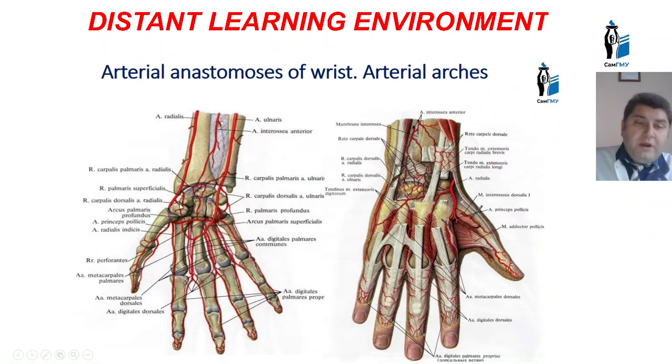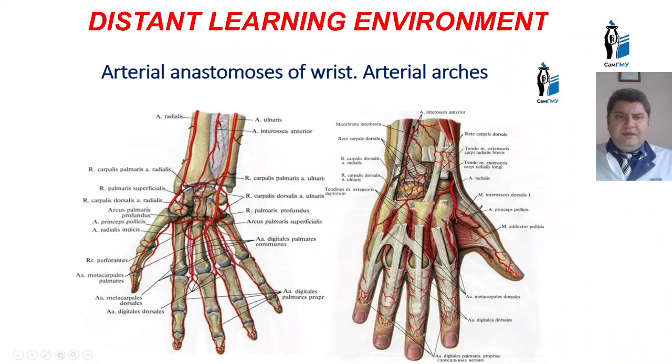But if we look at the radial artery, first I want to tell you that at the distal part of the radial bone we can feel the pulsation of this artery. This is very important in clinical practice.